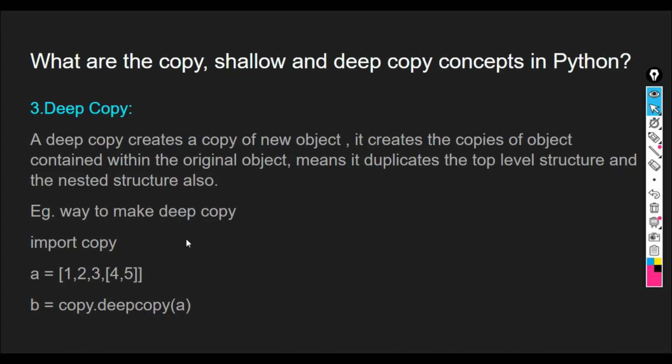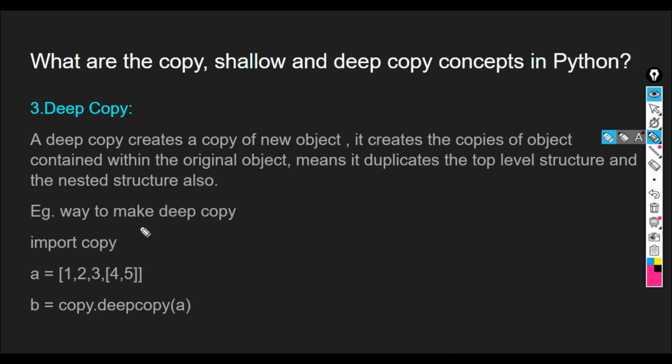Now, ways to do a deep copy. For that you first have to import the copy module, and then use the deepcopy function from that copy module. In shallow copy, it does not create a copy of the nested structure, right?